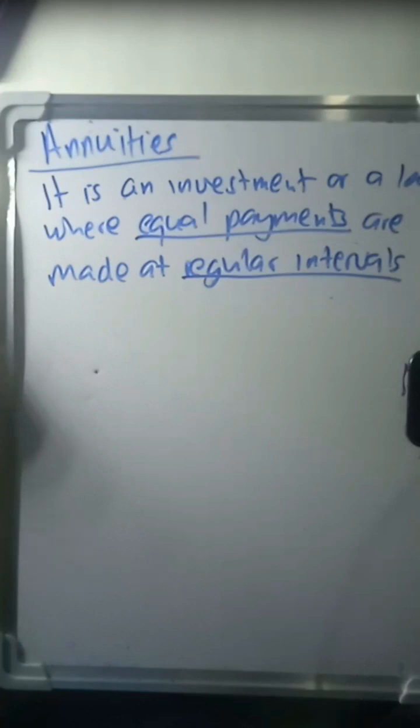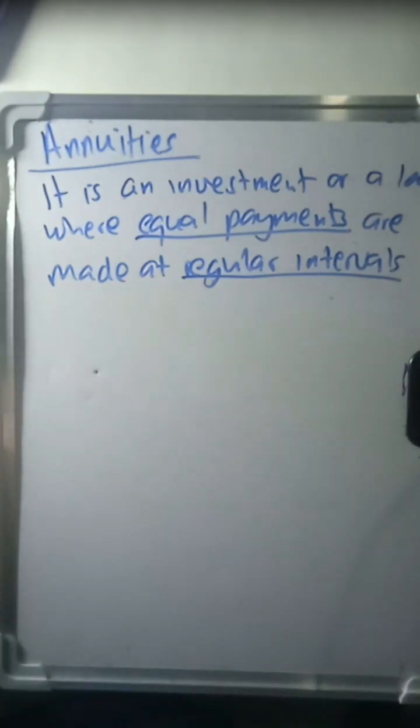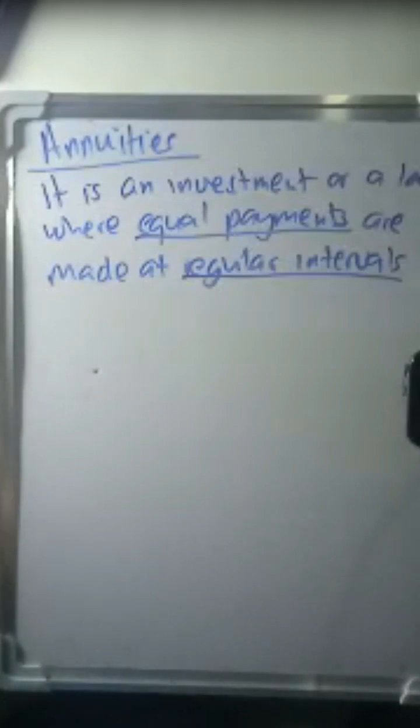Obviously, if you take a loan, the bank is going to charge what? Interest. So each and every month, you are going to pay equal payments to the bank towards finishing that loan plus the interest accumulated.